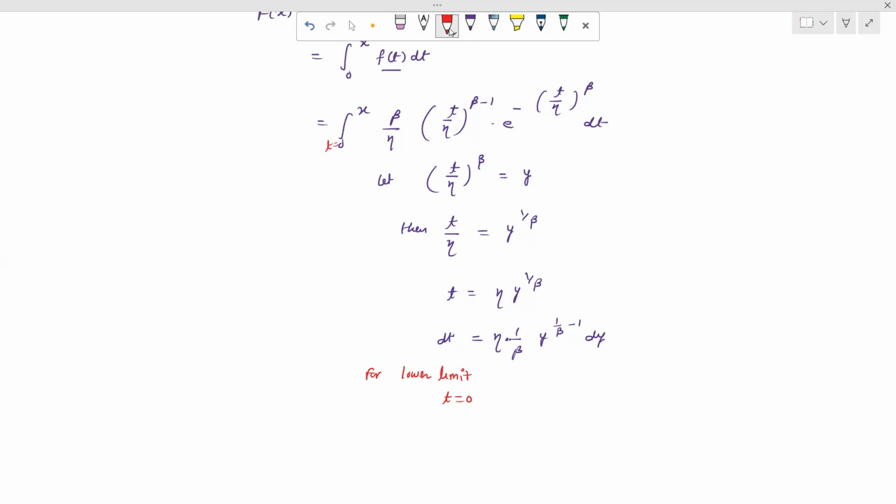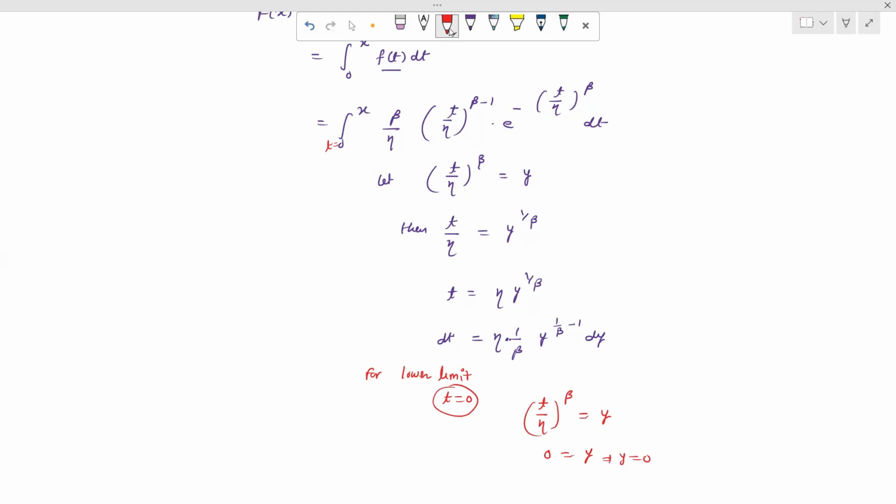For t equal to 0, what is the limit for y? Since (t upon eta) raised to the power beta is equal to y, when we put t equal to 0 this gives 0 equal to y, so the lower limit is y equal to 0.